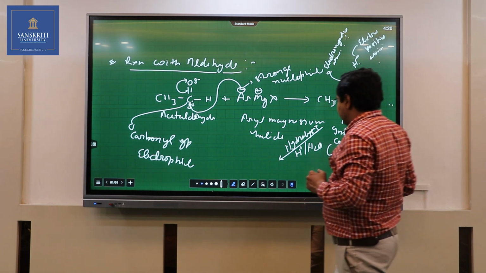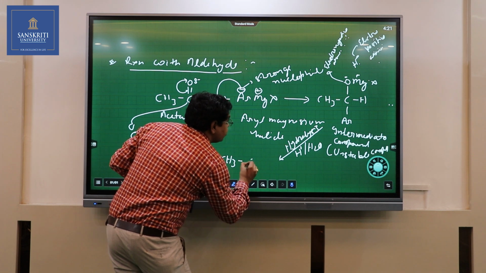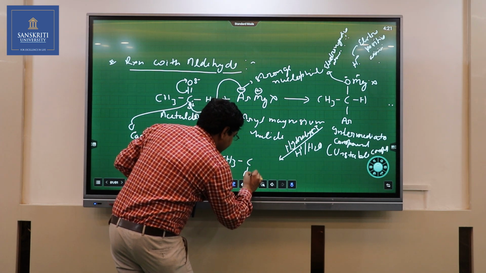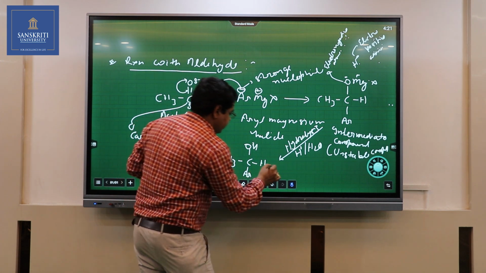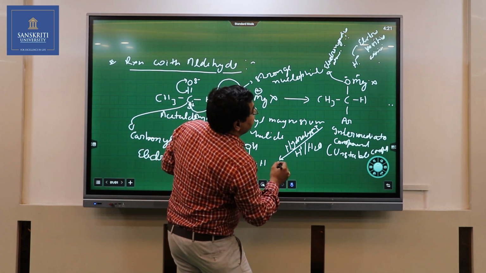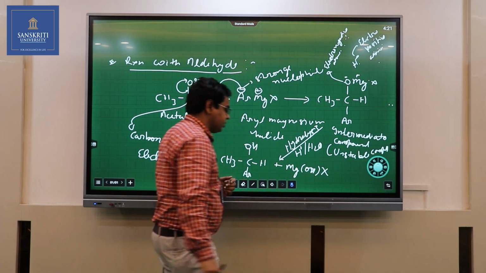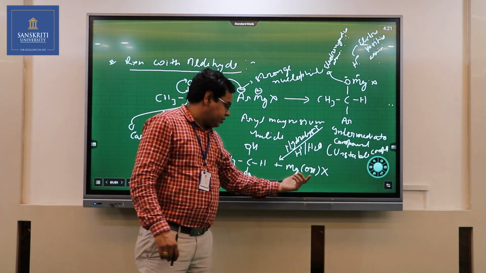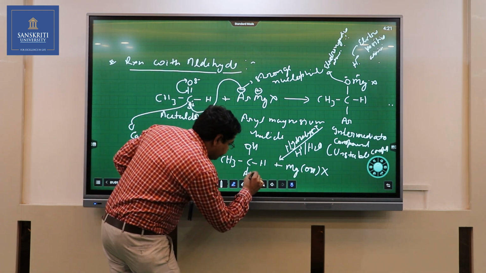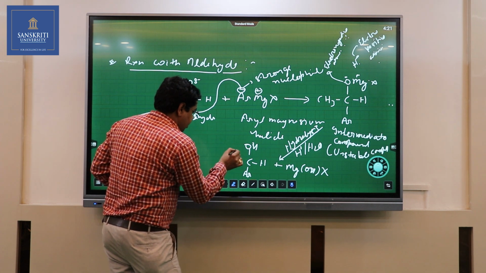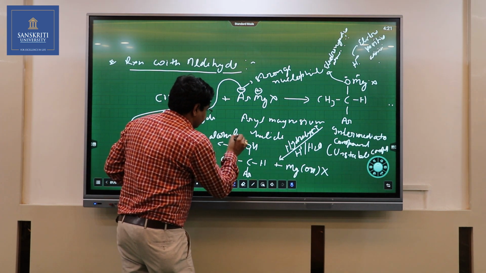We will get finally CH3, CH(Ar), OH, along with the byproduct Mg(OH)X, magnesium hydroxide halide, and the main product is a secondary alcohol.